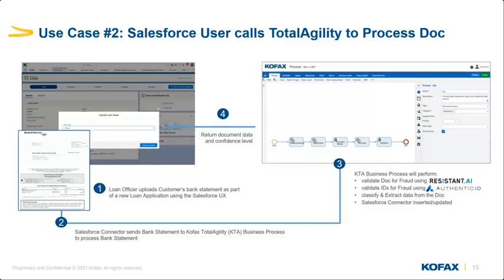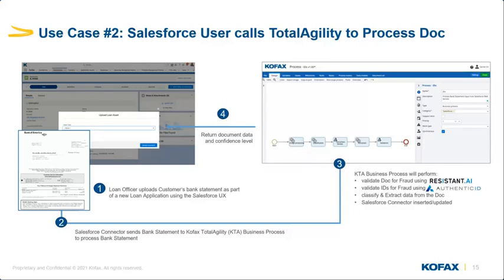What they can also do is upload to their version of the portal, again using Salesforce as the single source of truth. So it'll update the application on both the customer and loan officer side, which is really cool.